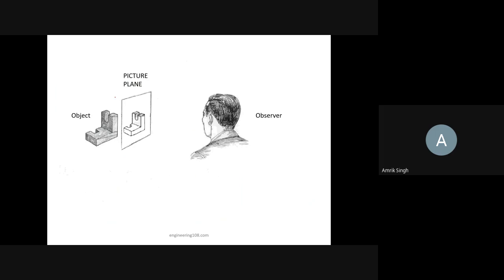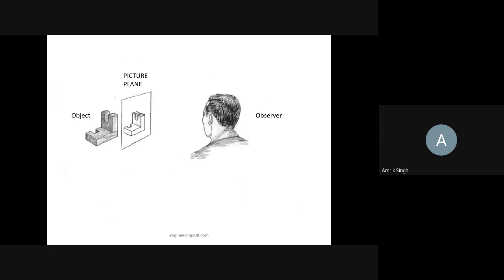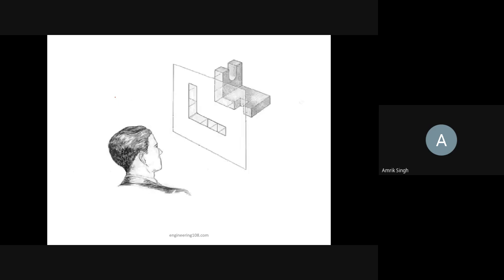Now you see an object and an observer here. You see the same object is there, but he is looking from a different side. I was talking about how to open the box.